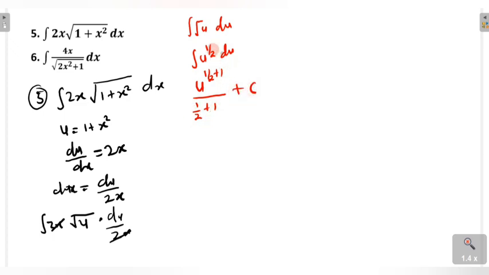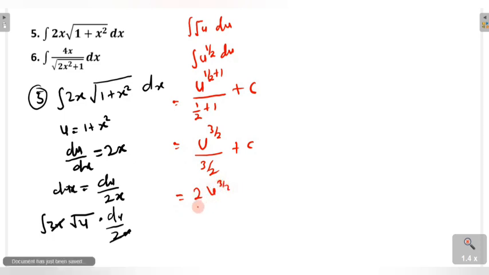So once you start integrating, you put the constant c. So if you add this together, this is going to give us u raised to power 3 over 2 all over 3 over 2 plus c. And if you work this out, it's going to give you 2 u raised to power 3 over 2 all over 3 plus c.